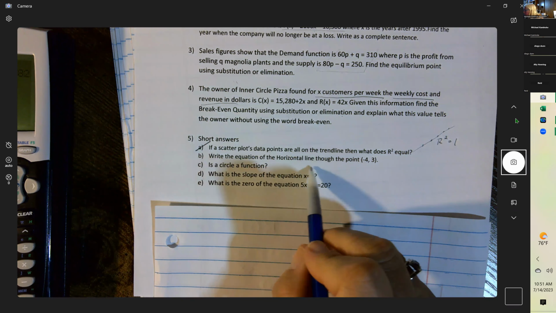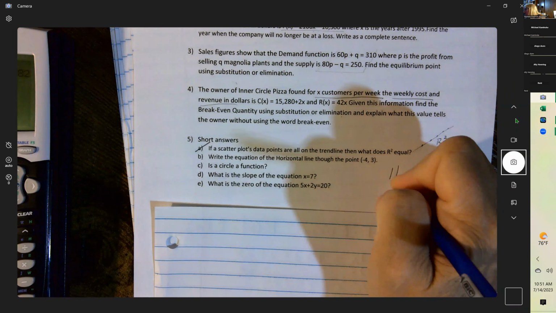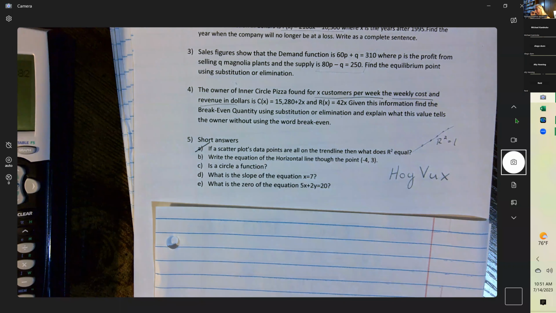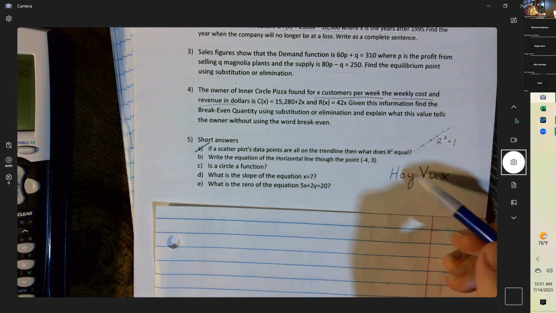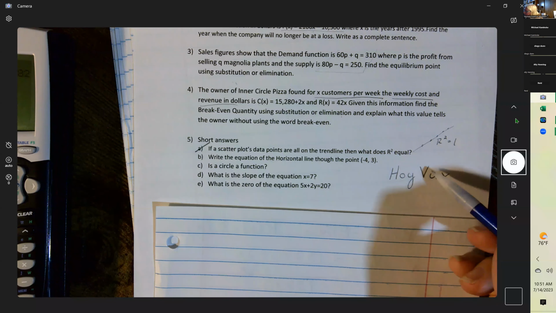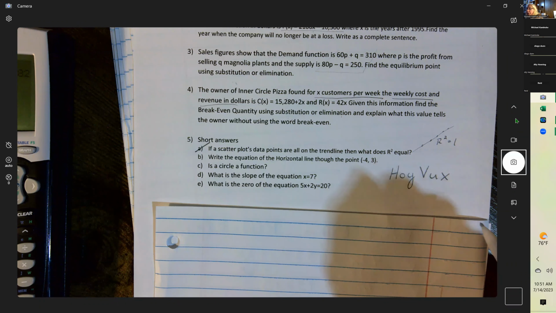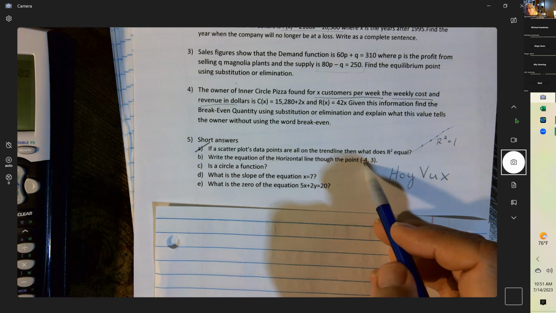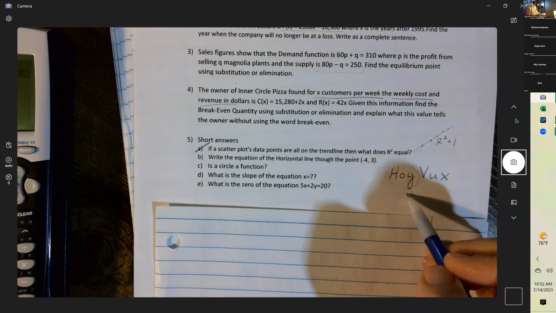Write the equation of a horizontal line through the point -4, 3. So whether I tell you horizontal line, slope 0, y-intercept, any one of these, you should be able to do the other two, plus draw the graph. So in this one, write the equation of a horizontal line through the point -4, 3. Horizontal line uses this one. Slope is 0.